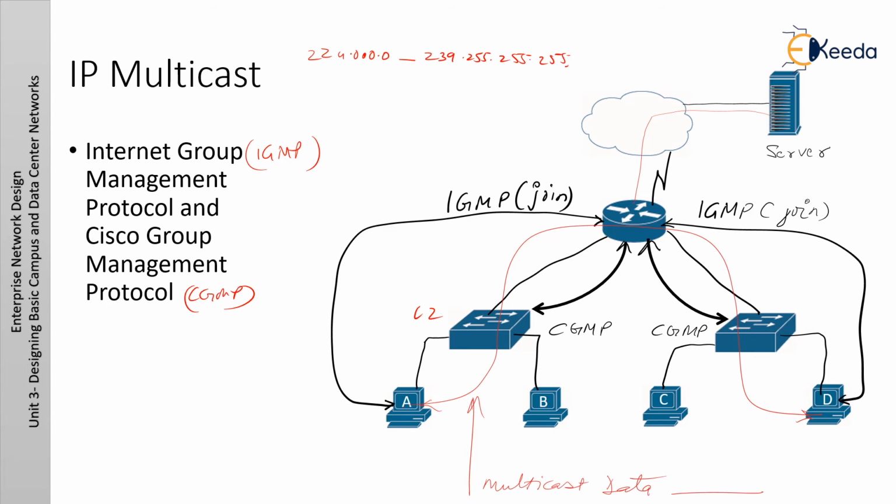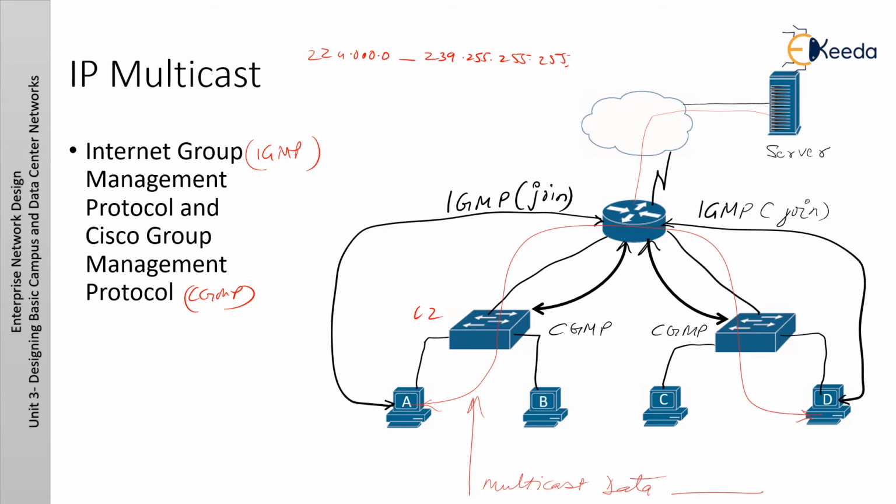So this is how we can maintain the flow. Switches, including non-Cisco switches, can alternatively use IGMP snooping to eavesdrop on the IGMP messages sent between routers and hosts to learn similar information. For example, we can see in this diagram the interaction of these two protocols.